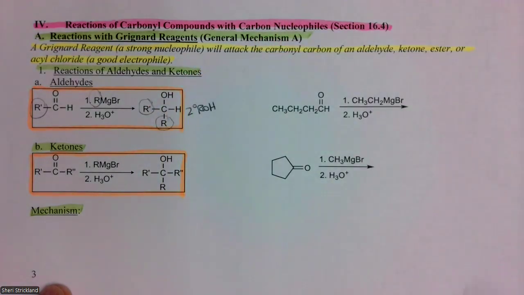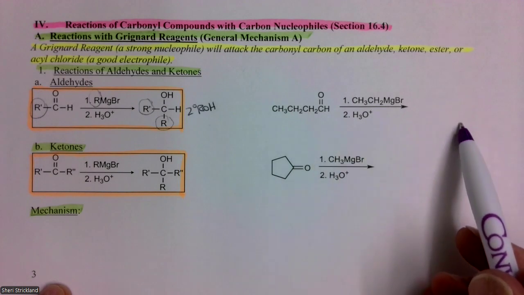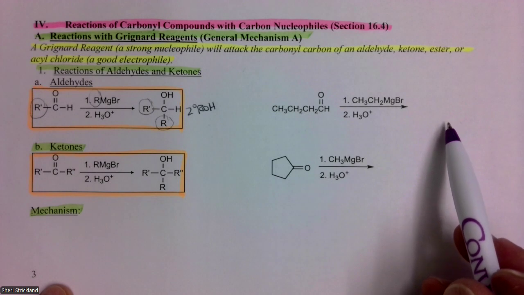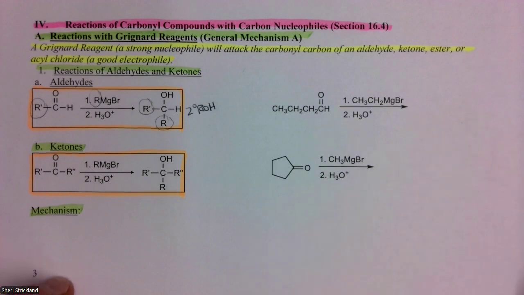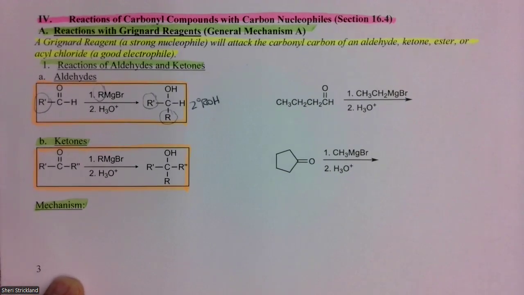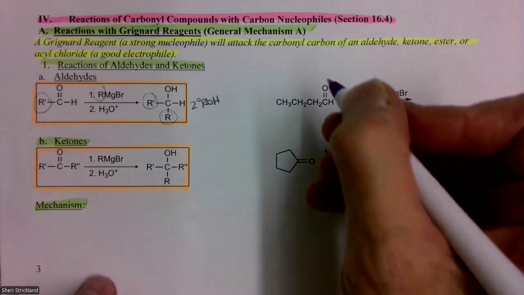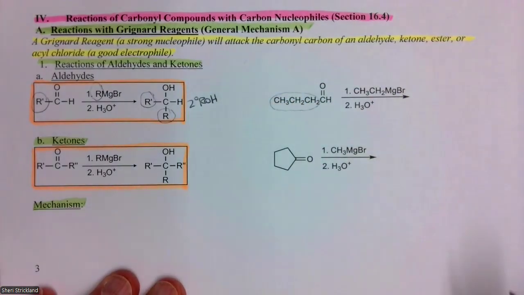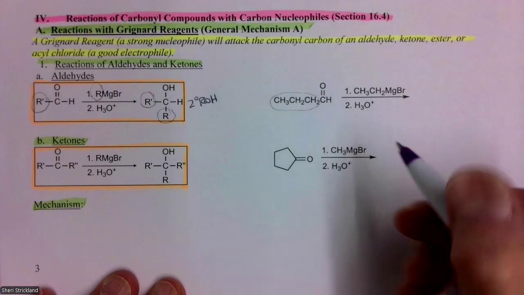All right, so I'd like you to look at this sample problem over here. And so pause the video, draw the structure of the product, and then come on back. All right, welcome back. So this is the R group that's attached to the carbonyl carbon of the aldehyde.